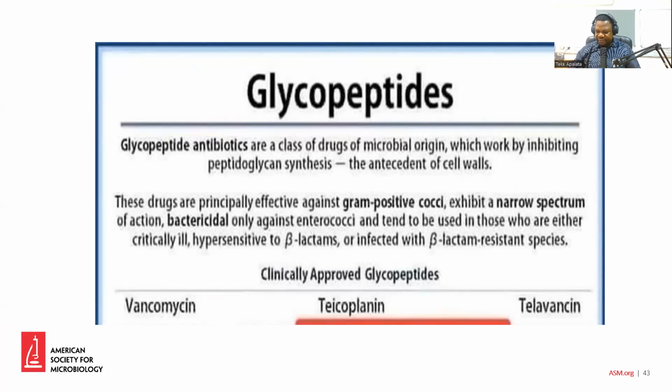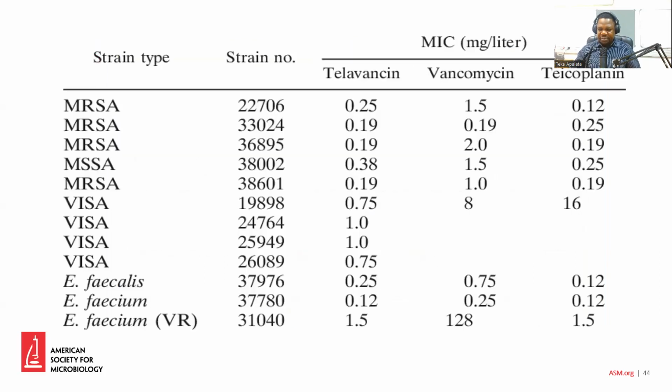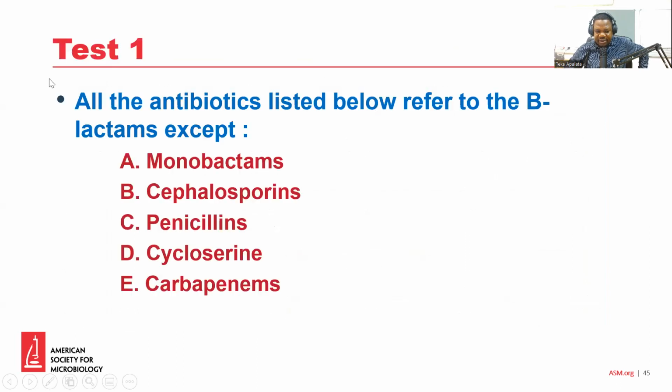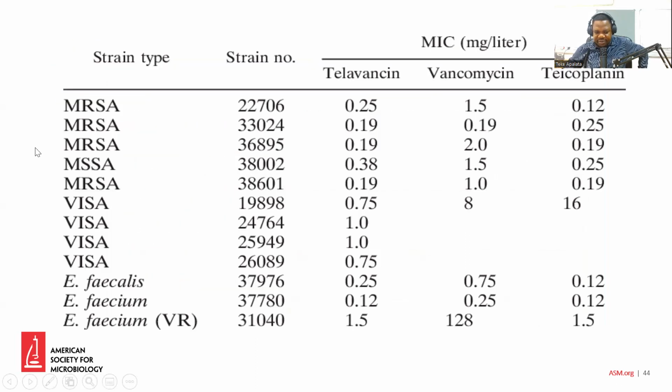We have 3 types of glycopeptides that have been clinically approved. I spoke of vancomycin, but we also have teicoplanin and televancin. Those are the approved glycopeptides. Here we have a study that looked at different reference strains of MRSA, methicillin-resistant Staphylococcus aureus.